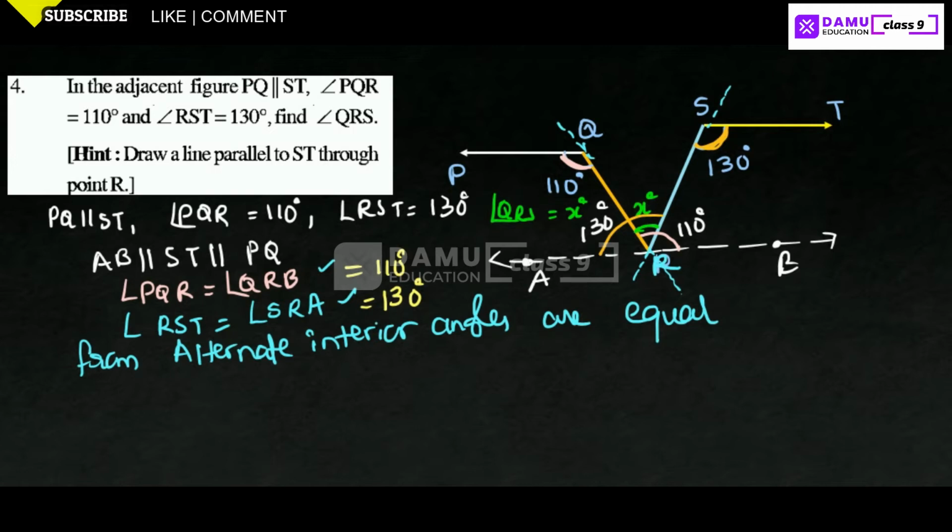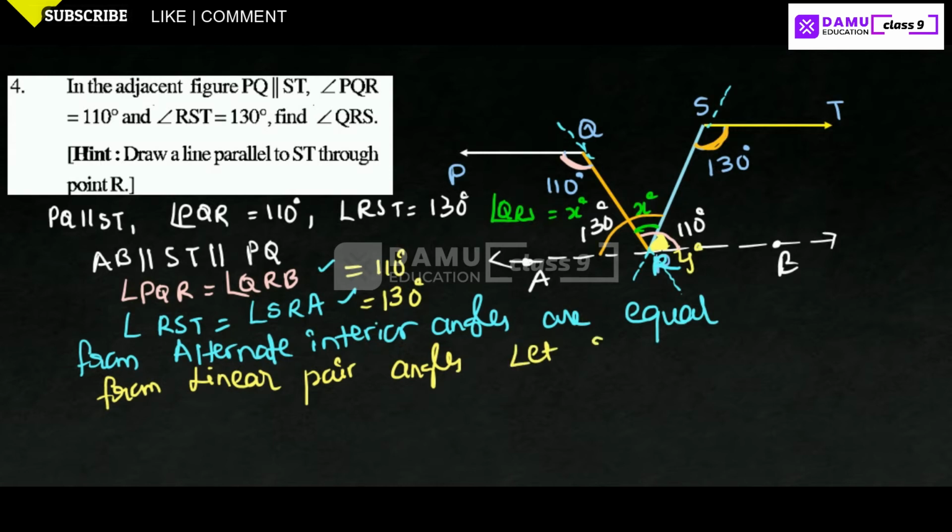Then next, from linear pair angles, let angle SRB be equal to this angle. Let's take this angle to be y degrees. So let angle SRB be equal to y degrees.